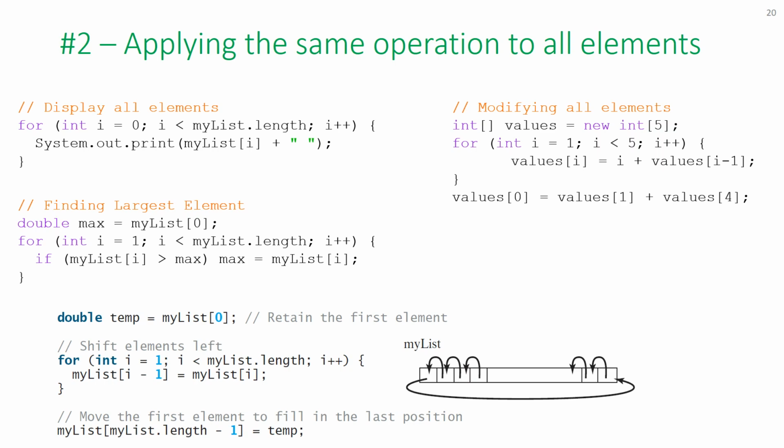Copy this value here. Then I move to the next element. I want to copy in that second slot the value that is after it. So element at index 0 gets the value of element at index 1. Then I move to element index 1. Element index 1 gets the value of element index 2. I move to element index 2. Element index 2 gets the value of element index 3. I move to 3, and so on and so forth.